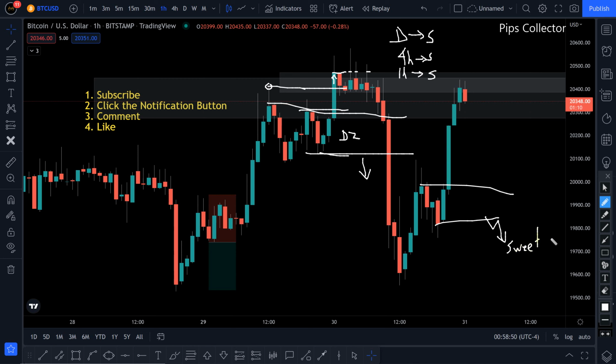I'm not looking at taking any sells inside there, except I'm taking a counter trend sell for price to dip to this area of interest. You understand? If not, this will be the entry. If not, this is where price should behave according to how we want it to behave.